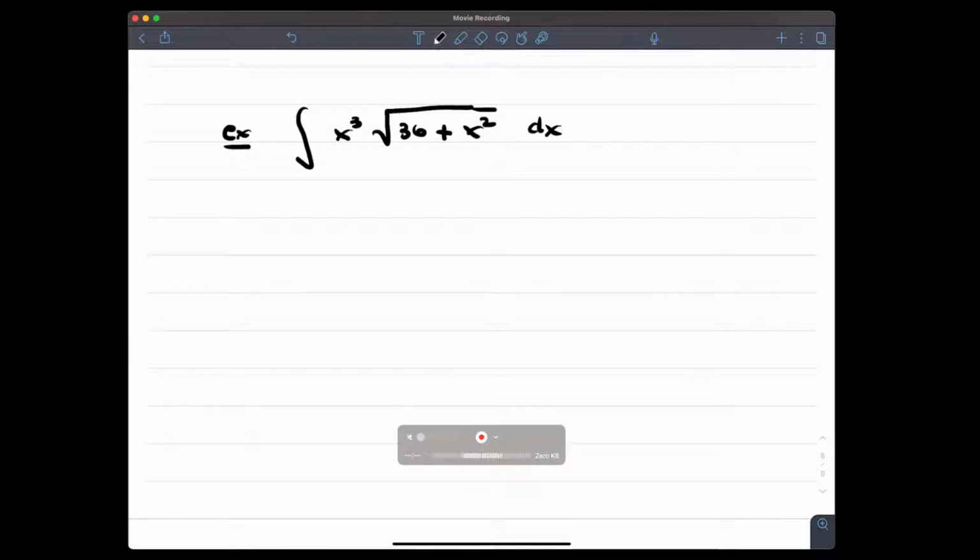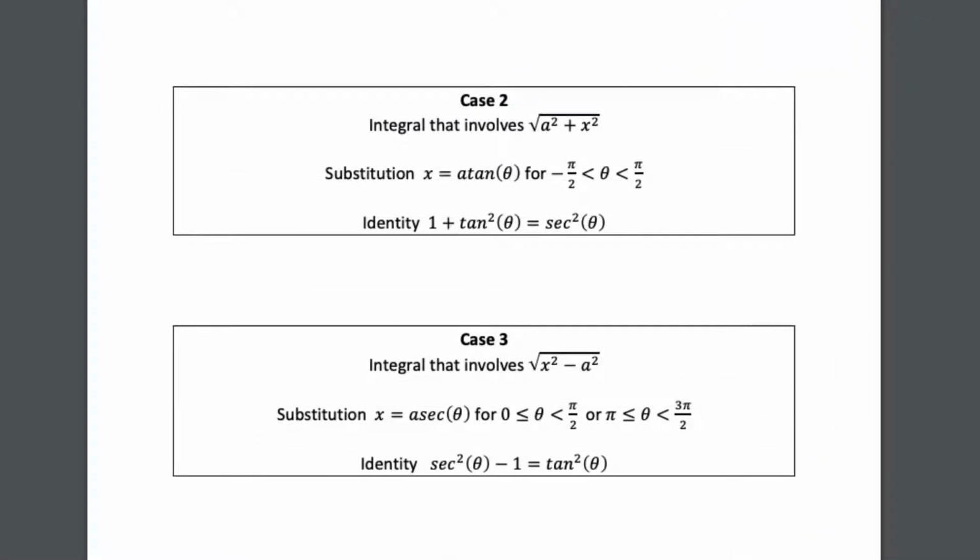All right, so if you said, okay, what is that going to be? What does case 2 say? You have an integral that involves the square root of a squared plus x squared. So what does it say we do? x is going to be now what? A tangent theta for, what's the angles?